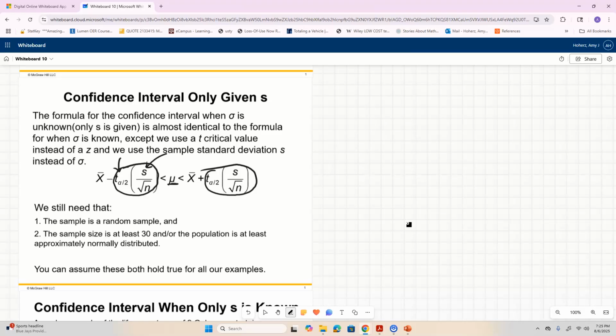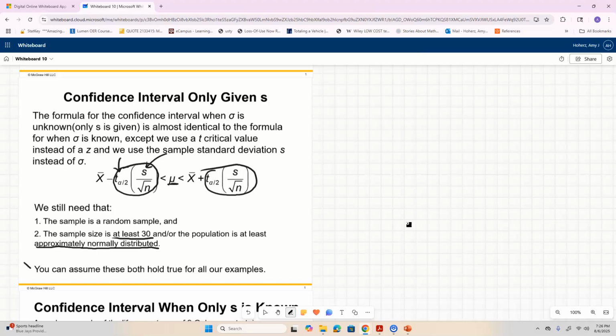We do still need that we have a random sample, and we need a sample size of at least 30. Or if the sample size is not at least 30, we can still use this if the population is approximately normally distributed.